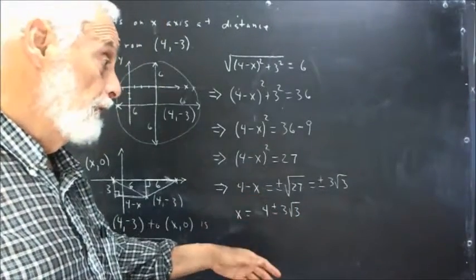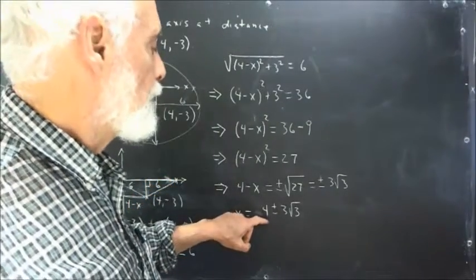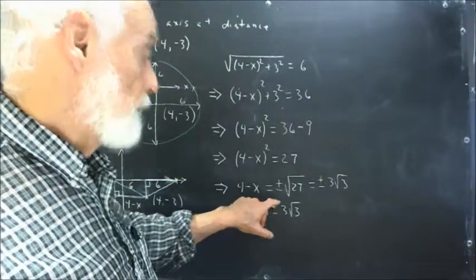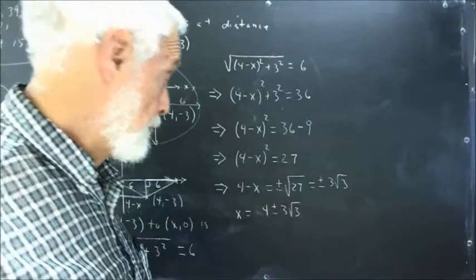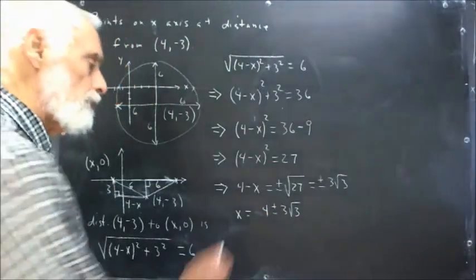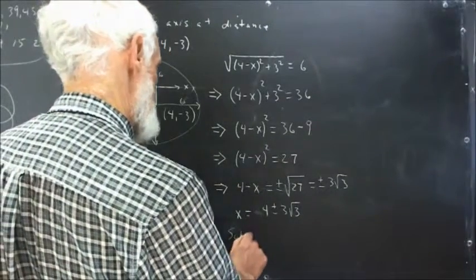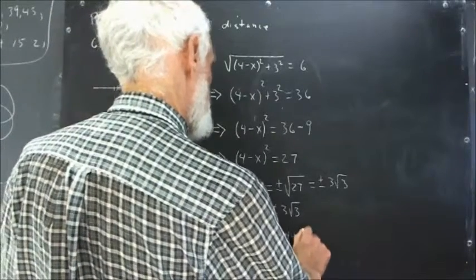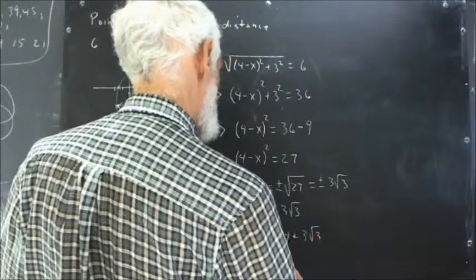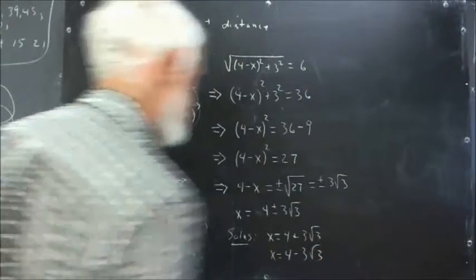We could say it's minus plus, but it doesn't make any difference. Either way, we're going to have 4 plus 3 square root of 3 or 4 minus 3 square root of 3. So there's our solution. X equals 4 plus 3 square root of 3. X equals 4 minus 3 square root of 3.